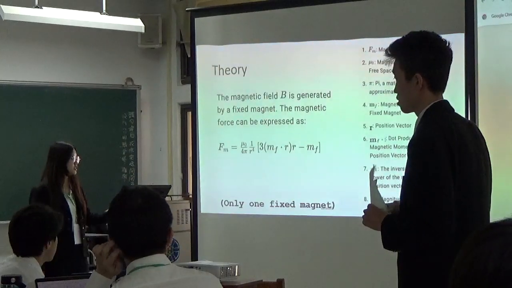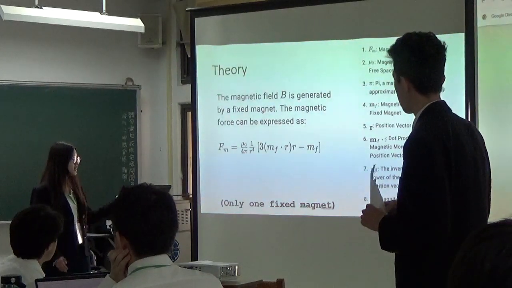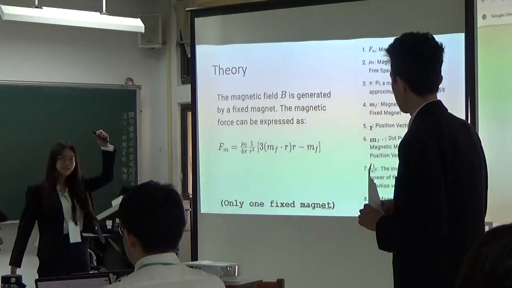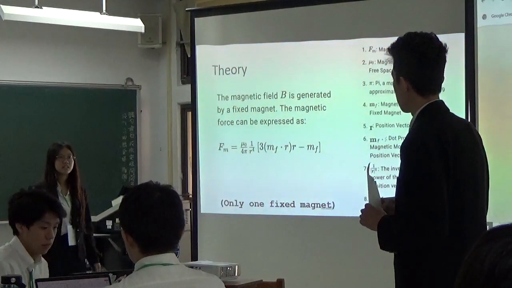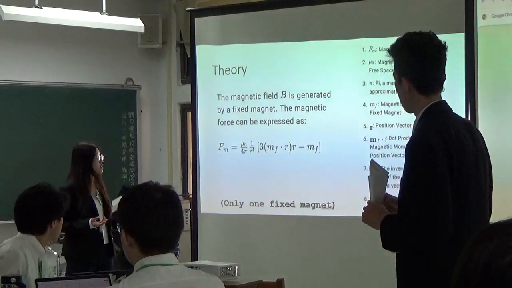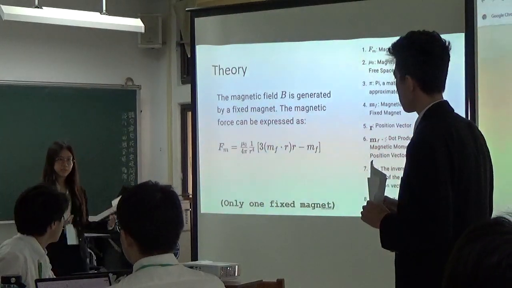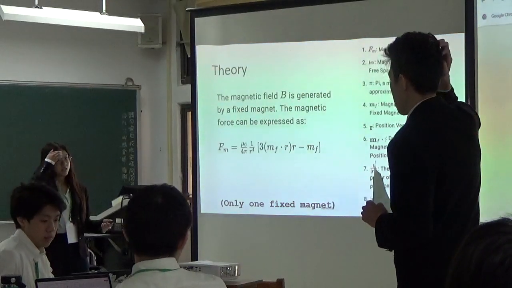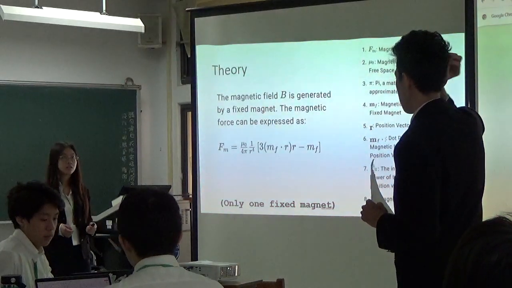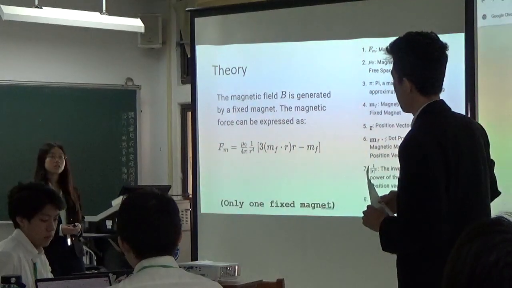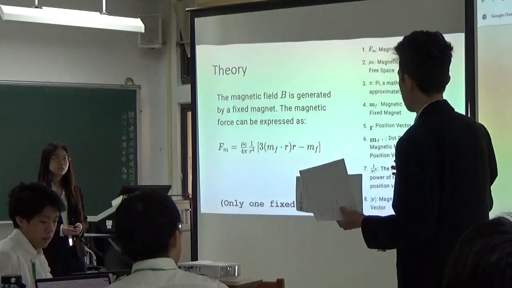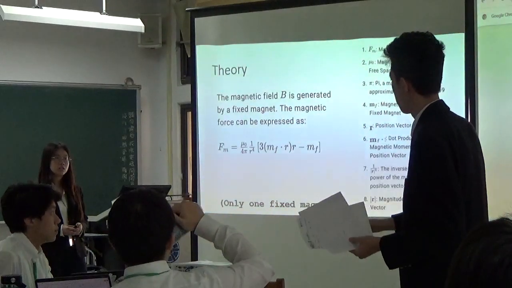From here, I want to talk about just one base magnet, just the magnet at the base. So don't talk about the swinging magnet. Yeah, because I want to talk about that the bigger the field, the bigger the attraction. I mean, this equation only fits when the distance between the magnets is way larger than the magnet itself.